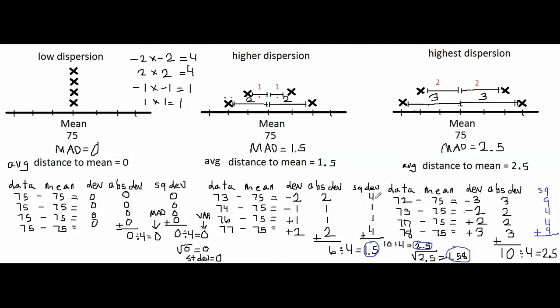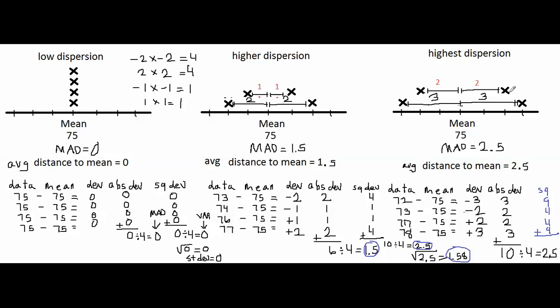Notice how we can see also that when the spread goes up from this data set to this data set, the squared deviations also go up. Here there are 4s and 1s, but over here there are 9s and 4s.